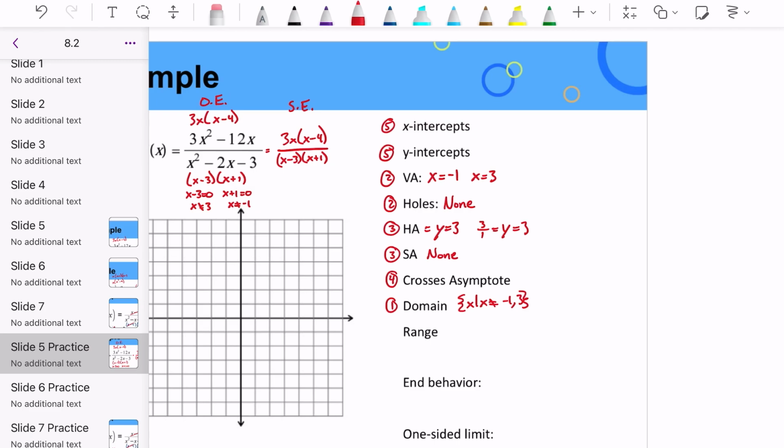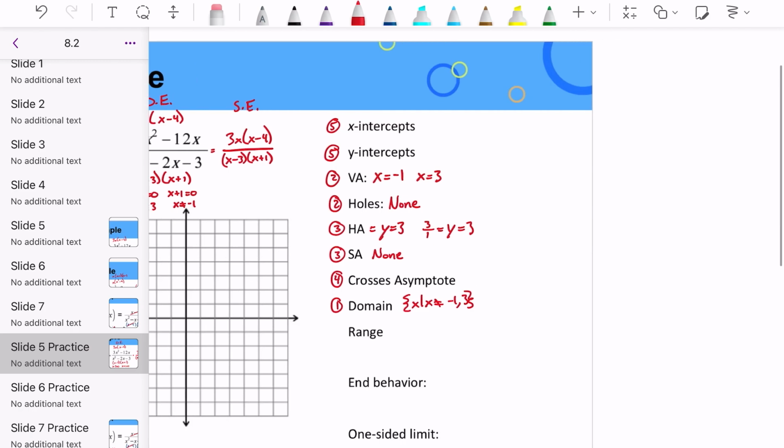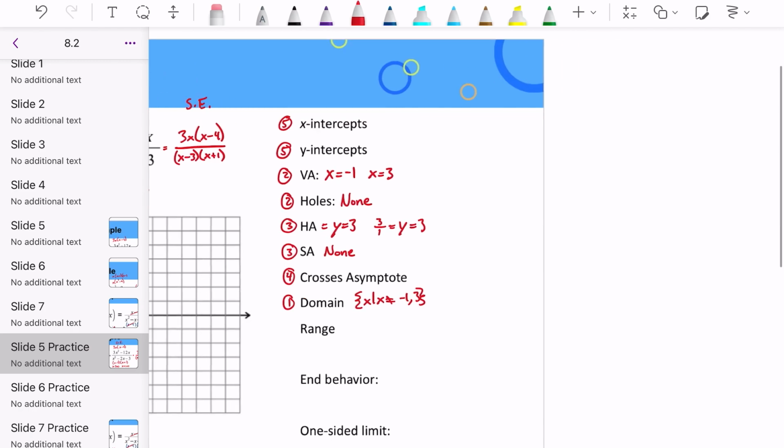We then go into our cross asymptote. Now here we are going to figure out whether that cross asymptote occurs or does not occur. In order for us to determine this, we have to go ahead and set our horizontal asymptote, which is 3, equal to our equation, or technically our simplified equation.